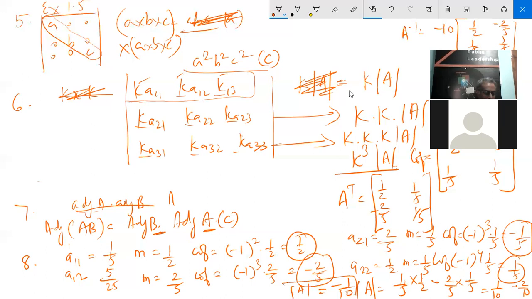Why are they giving something else? This is a problem. 5 by 25, not simplifying to 1 by 5. There is an issue there. 8 problem. Let us leave 8 problem. You work it out. I think they are taking 5 by 25 literally. Must dilute it to 1 by 5.